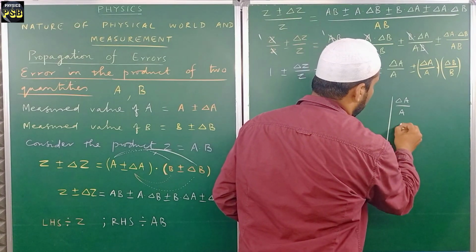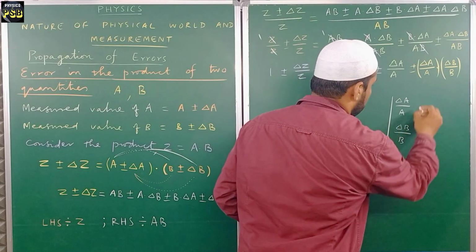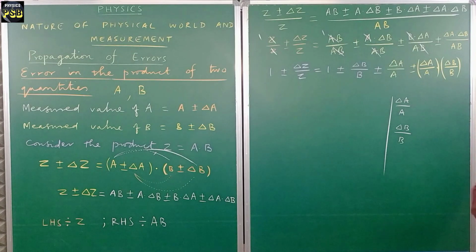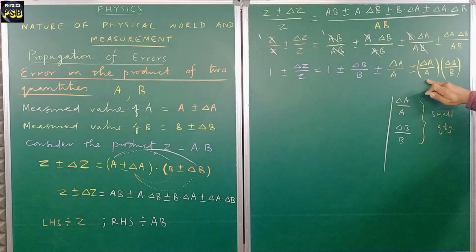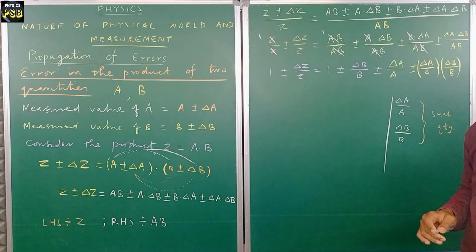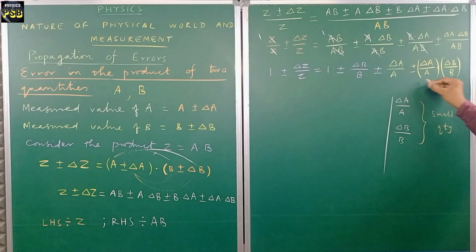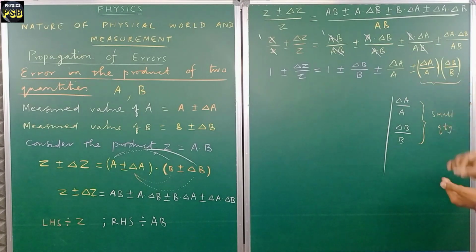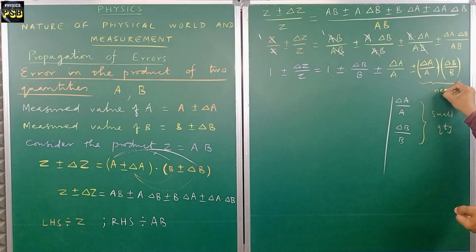In a similar way, delta B upon B. These two are small quantities. Fine. So when we multiply a small quantity with another small quantity, we get a result whose value is almost negligible. So this portion is neglected.